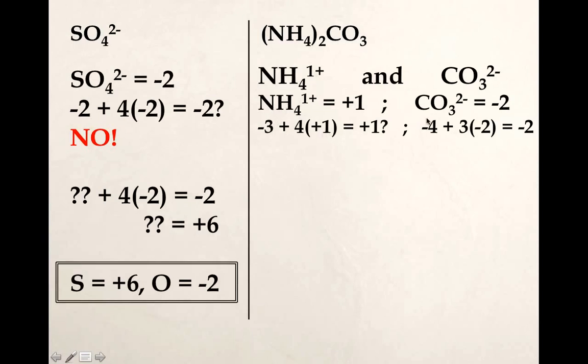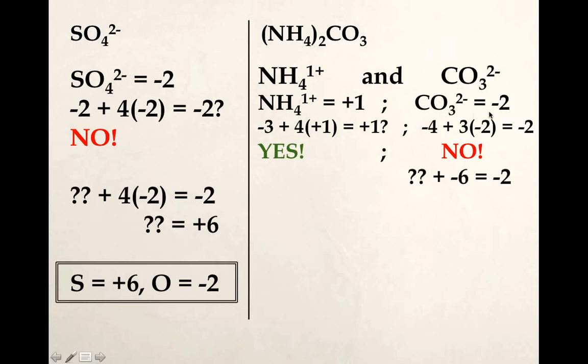Hydrogen is normally 1. Carbon's normally -4. Oxygen's normally -2. 3 oxygens, 4 hydrogens. When I add them up, do these equal each of those? Well, the first one, yes, it does. The second one, no. So let me continue on with carbonate then.